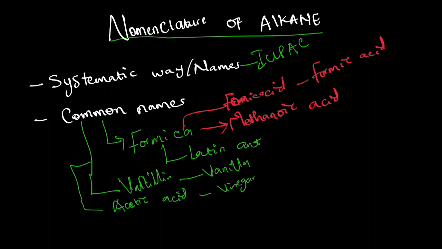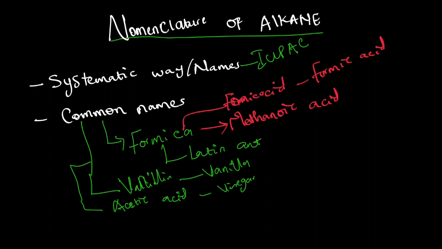Formic and metanoic acid is one of the systematic names we have. All these I'm saying are just stories and history, not that important. Now this video focuses more on the systematic name.